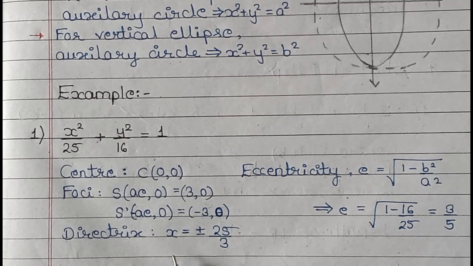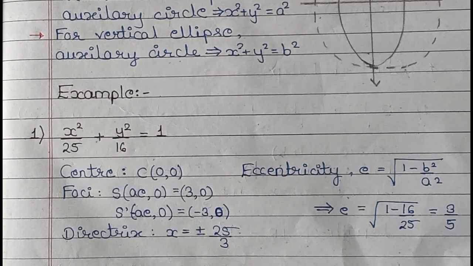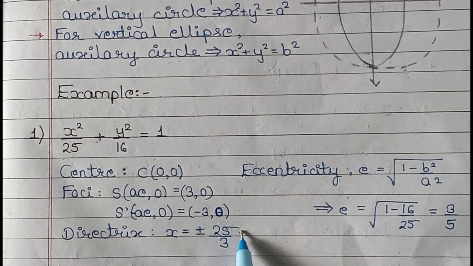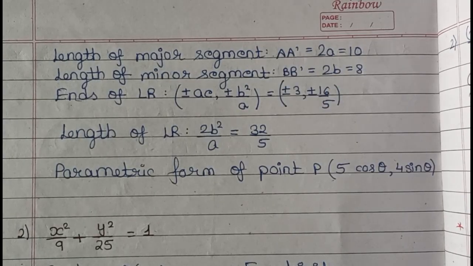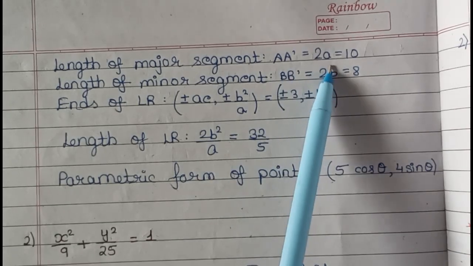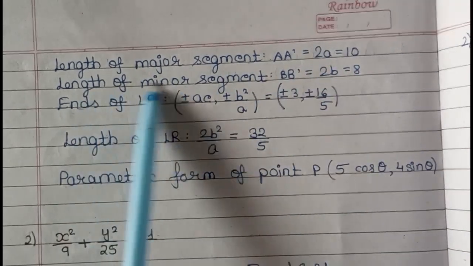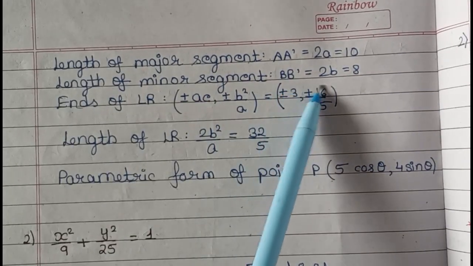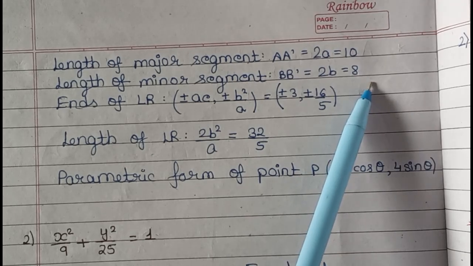For directrix, the equation is x is equal to plus minus a by e. So here a will be 5 and e will be 3 by 5, so that 5 will get multiplied here, so it will be plus minus 25 by 3. The length of major segment is AA dash and it will be 2a, which is 10, and the length of minor segment BB dash is 2b, which is 8.